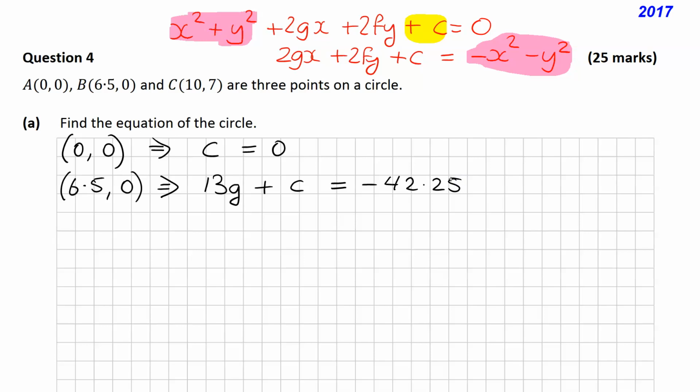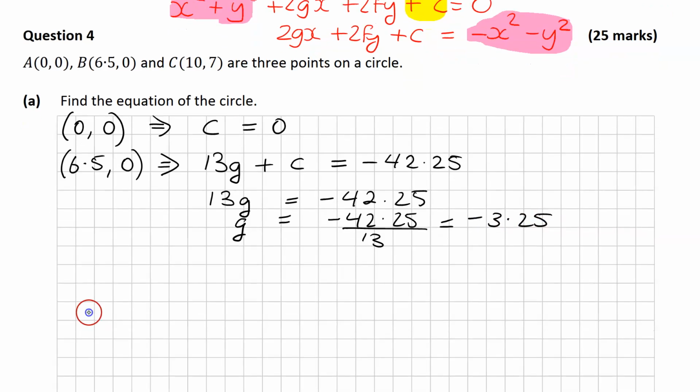Then working down with this, because I know that C is 0, I can straight away say that 13G is equal to minus 42.25, giving me that G is equal to minus 42.25 over 13, giving me a G of minus 3.25.